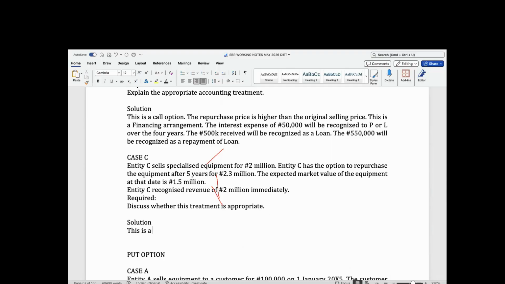Okay, so in this case, we are given an expected market value. So first, this is a call option. When you're given expected market value, you do that comparison first, against the repurchase price. The repurchase price is 2.3 million. The expected market value is lower.